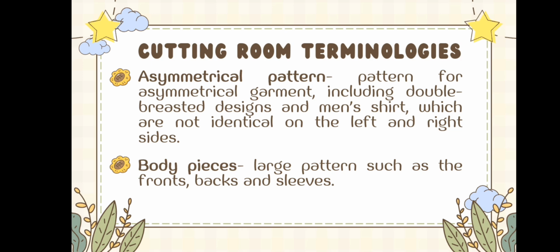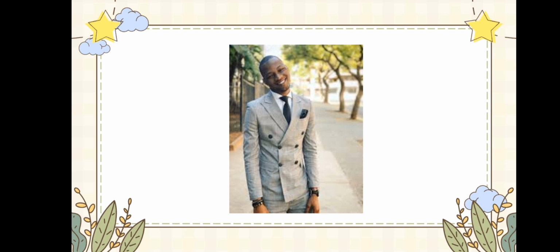This is a pattern for asymmetrical garments, including double-breasted designs and men's shirts, which are not identical on the left and right side. I have a picture here. This is an example of a double-breasted suit. As you can see, it is like a wrap where it's not the same on the left and right.